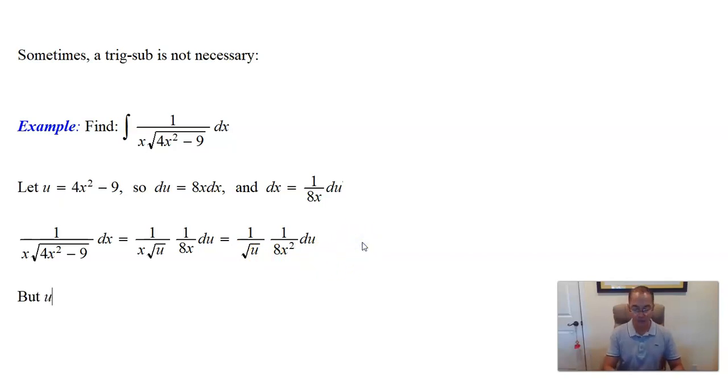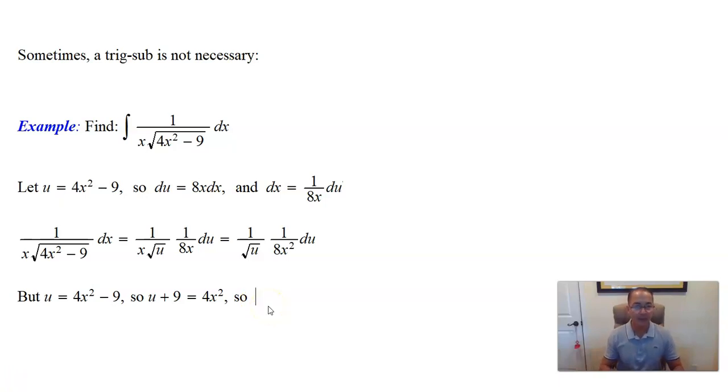But u, why am I typing it? It's right here. u is 4x squared minus 9. So u plus 9 equals 4x squared. And I want 8x squared. Pardon the interruption.